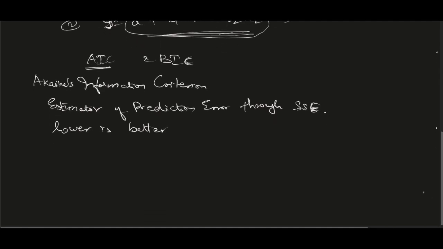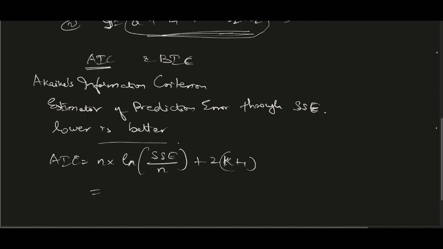So how do I calculate this error? AIC is equal to n into ln, that is log normal, SSE divided by n, plus 2 into k plus 1. Here k is the number of independent variables and SSE is the sum of the squared error. If we try to understand this formula, it is divided into two parts.